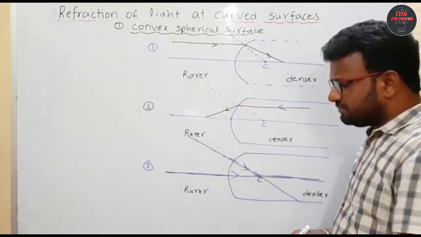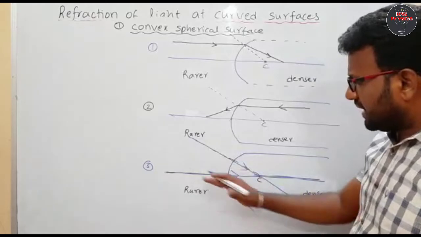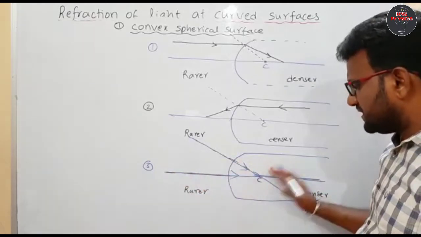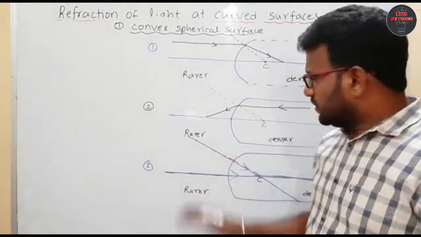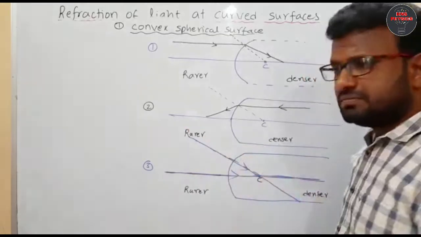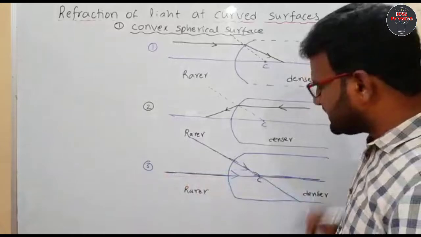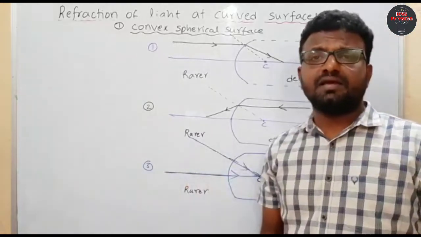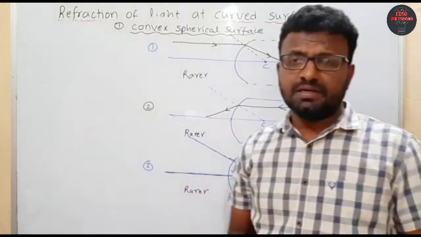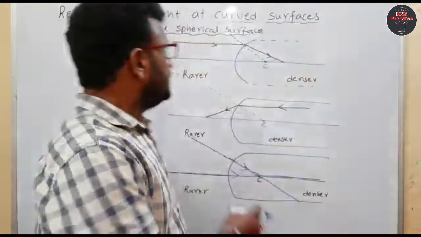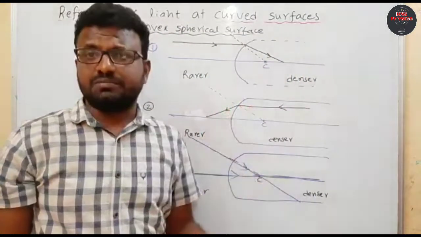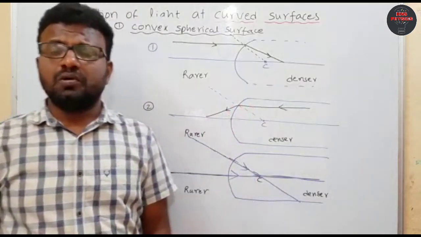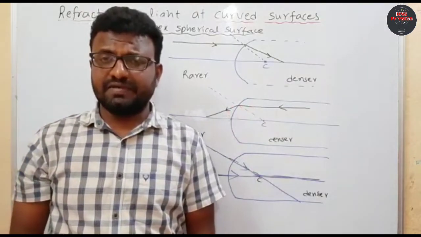Next, the third one: when a ray of light travels from rarer medium to denser medium or denser medium to rarer medium along the normal line or the principal axis, the ray does not deviate from its path. So these are the rules of diagrams related to convex spherical surfaces.